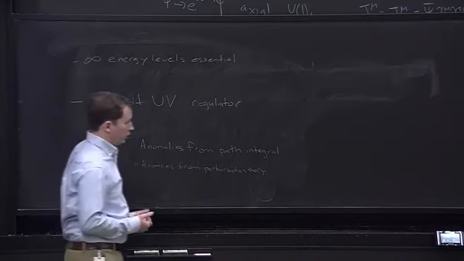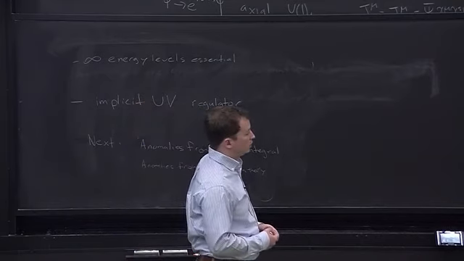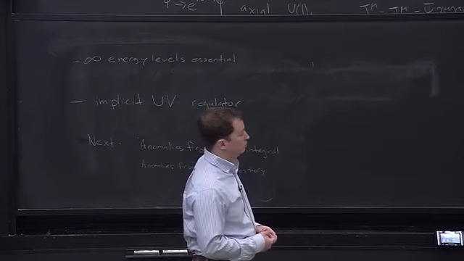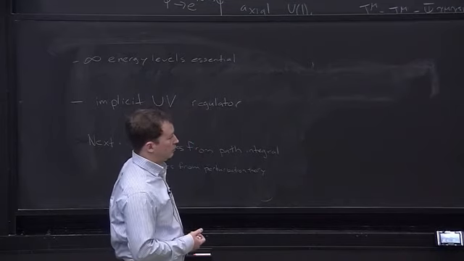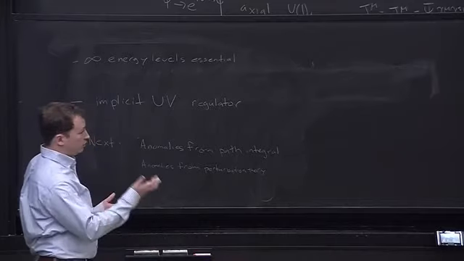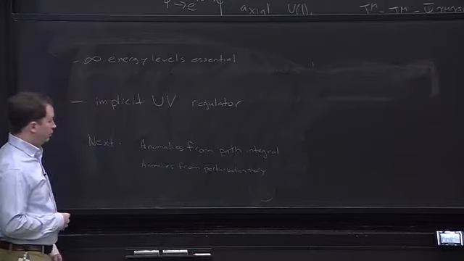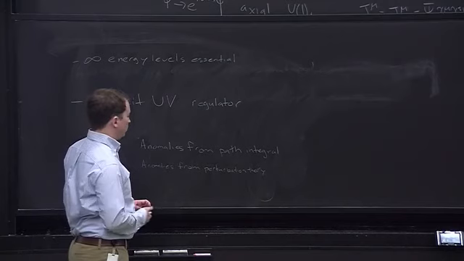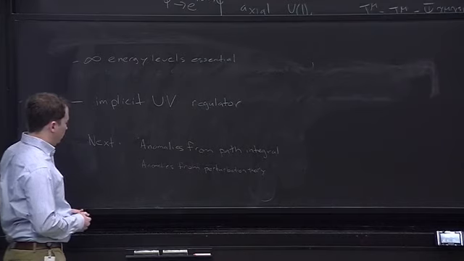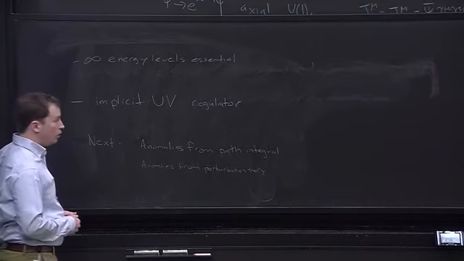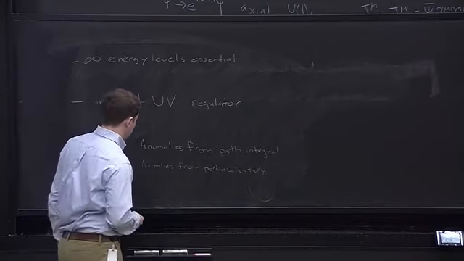So here, picking a UV regulator that preserves the axial symmetry without preserving the vector symmetry seems a little unnatural, and in perturbation theory, none of the regulators will seem any more natural than the other, and so we'll see that really anomalies come when we have to choose which symmetries we want to keep.